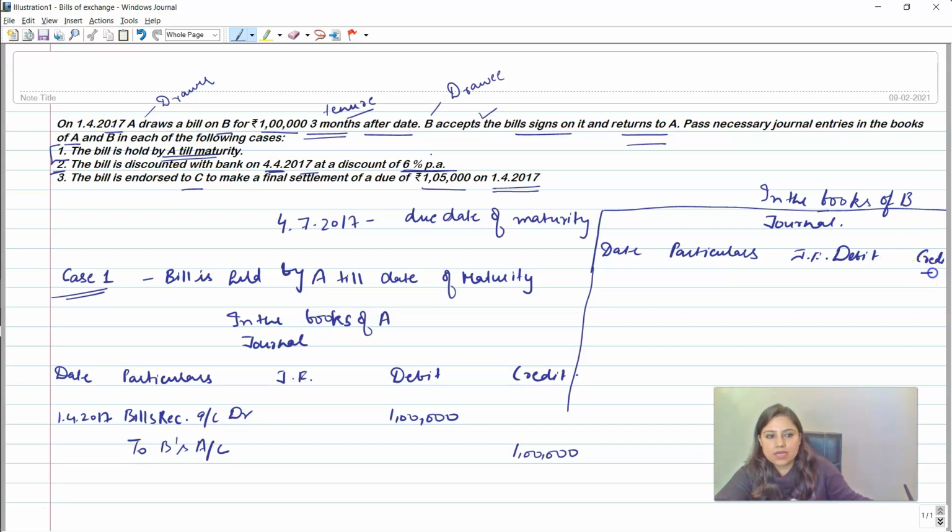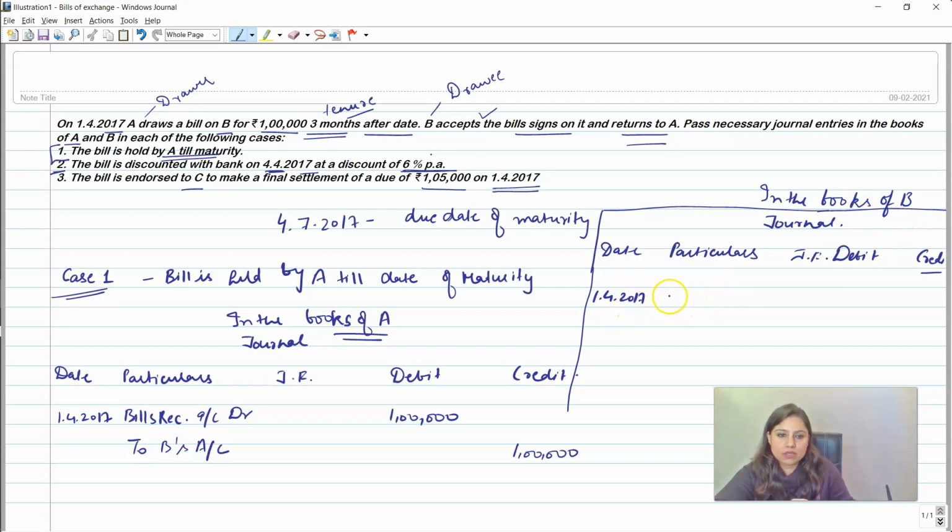On the same date, 1/4/2017, in the books of A it is bills receivable because the bill is being received, and here such a bill of exchange is to be paid by the drawee, so it becomes bills payable in the books of the drawee.